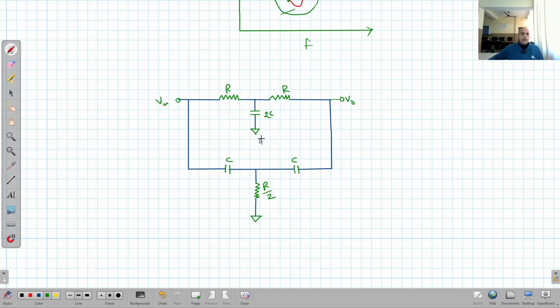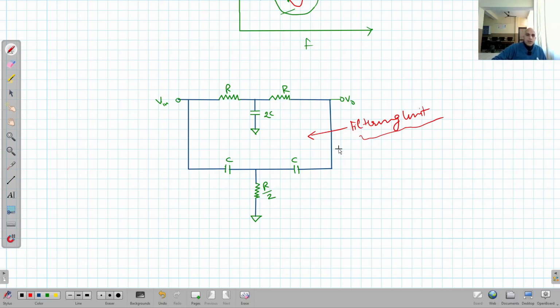So this is the filtering unit of this band reject filter. Filtering unit means the circuit in which the actual process of band rejection takes place.